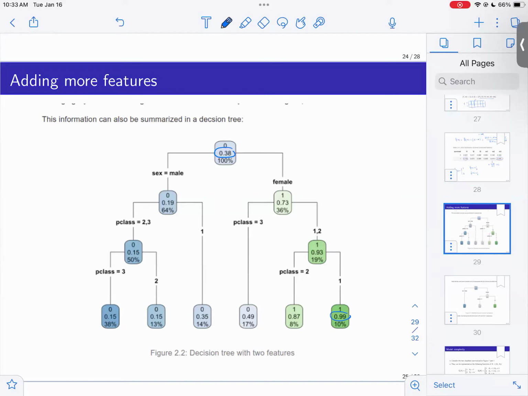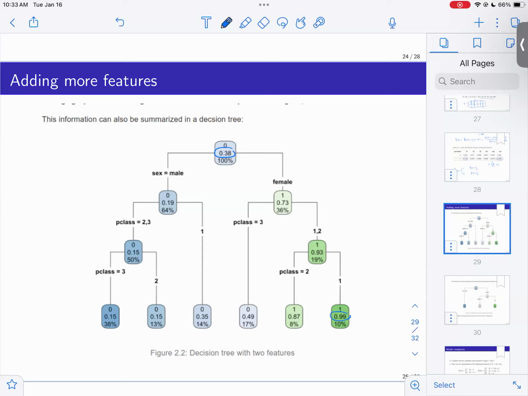So if they are passenger class 3, they're barely below the threshold. So you can see the numbers. These are the conditional probabilities, and this decision tree just summarizes everything. If you stop at this level, we have our previous classifier.